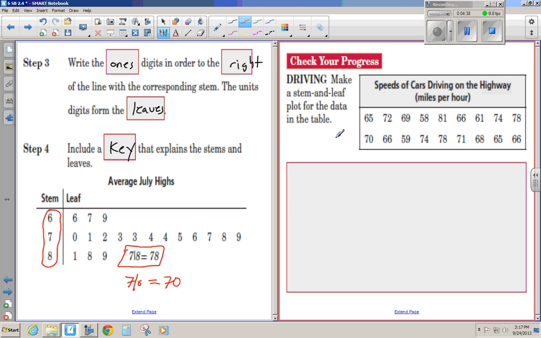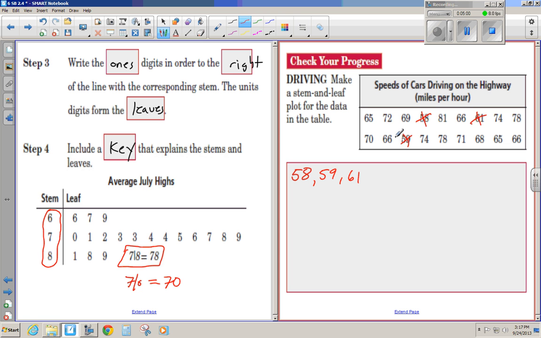So let's make a stem and leaf plot for this data here. Find the smallest one. I think 58 is the smallest. 59. I don't see a 60, but I see a 61.